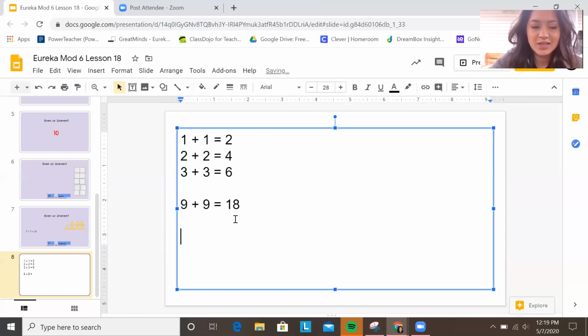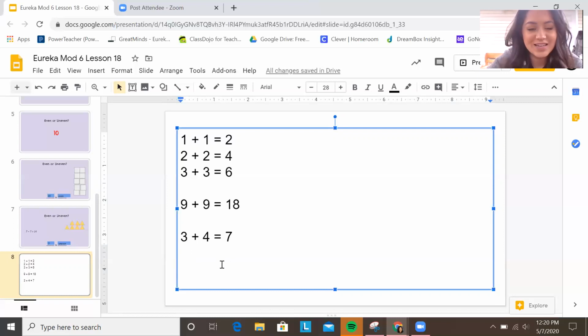Good. What about if I did, we have 2 different addends now. Let's see, 3 is uneven and 4 is even. This is not a doubles fact, so the rule doesn't apply. What is 3 plus 4? It's 7.